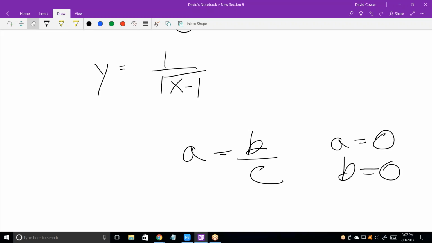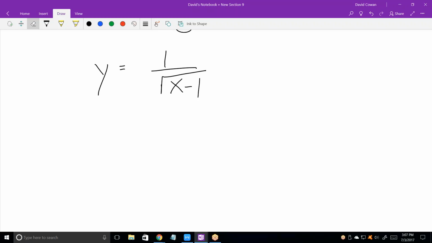Now, I'm going to make it just a little more complicated. What's the domain of this function? Anything greater than 1.